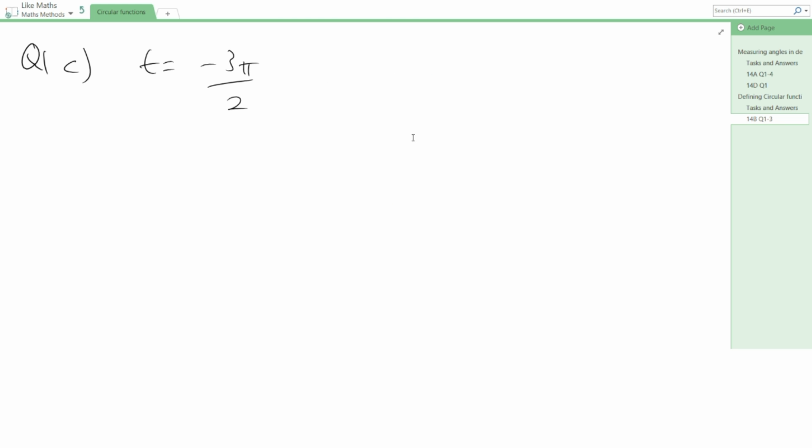Okay, question 1c. This time the angle is -3 pi over 2. We tend not to think about what this angle means. You tend to always think of angles being measured this way around.